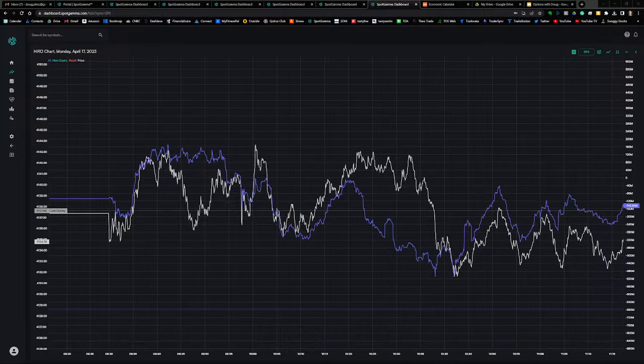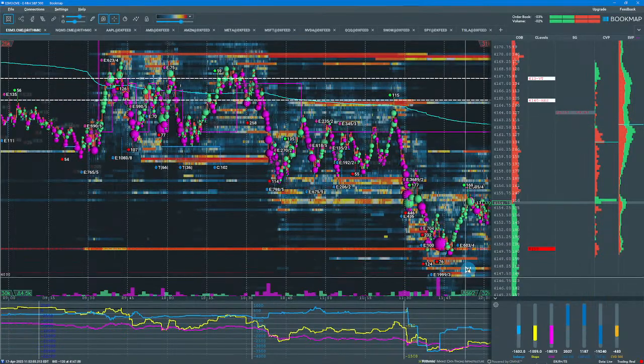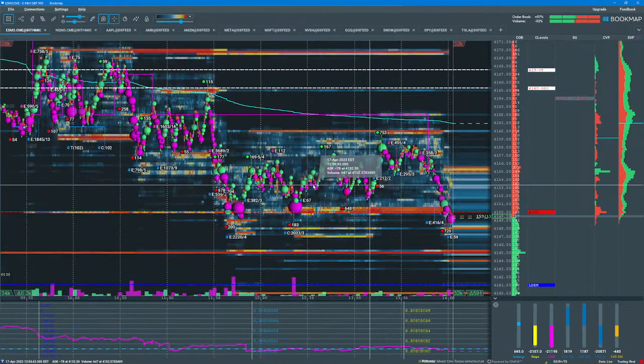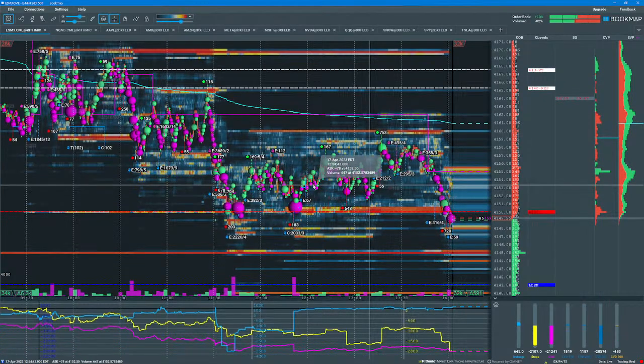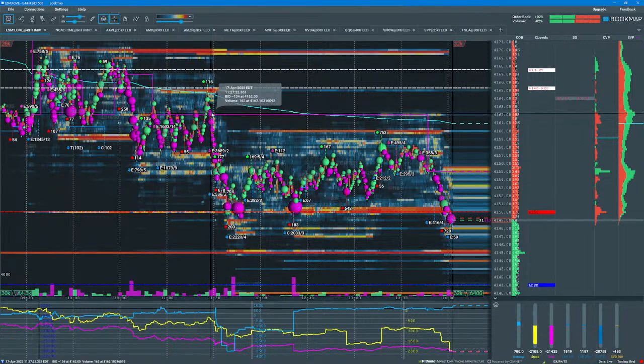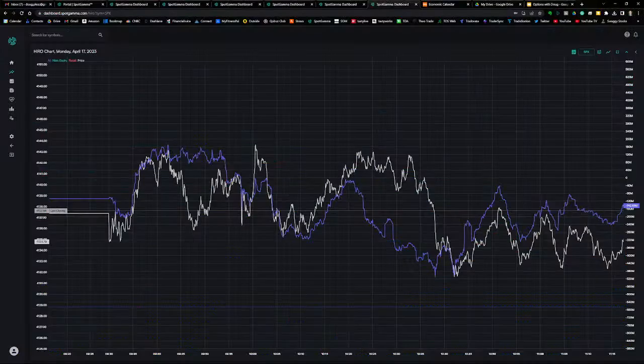Let's go take a look at Bookmap now. Zoom out. And let's take a look at one other setup somewhere between 11 and 11:30. Now normally when I'm trading, I have two screens.